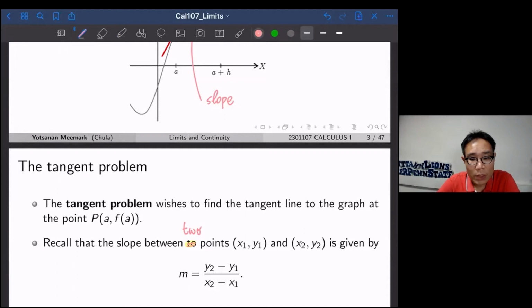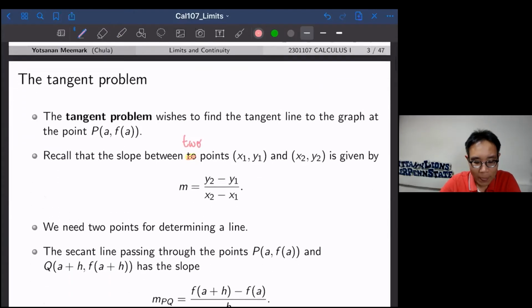The slope joining the 2 points is given by m equals (y2 minus y1) over (x2 minus x1). So we need 2 points in order to determine a line.